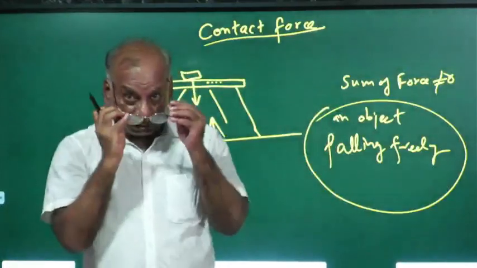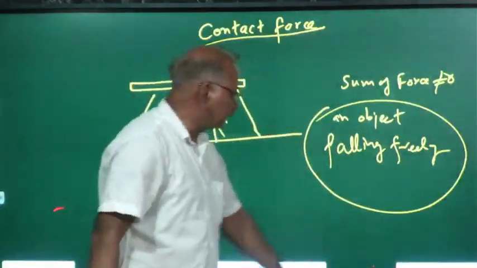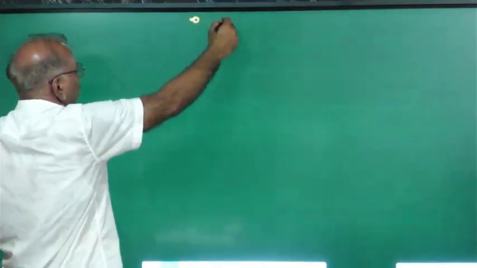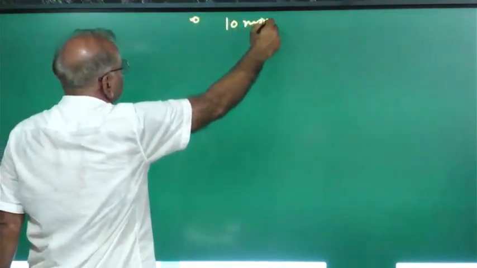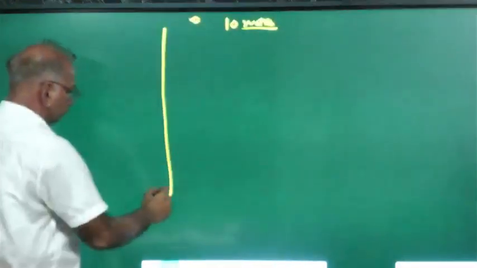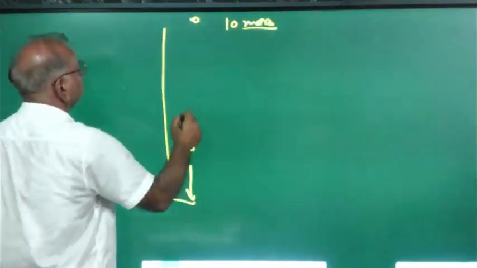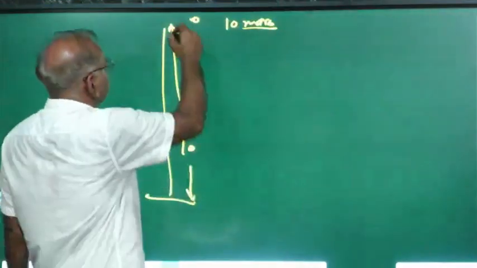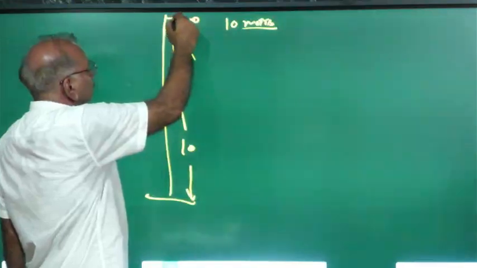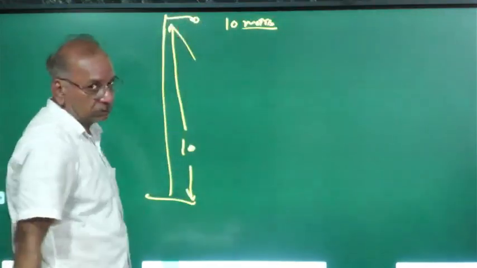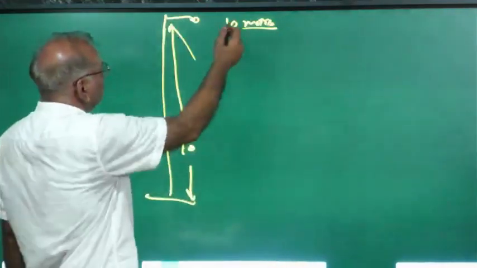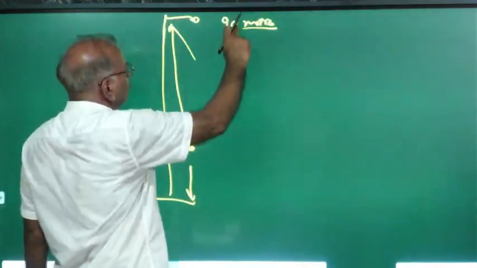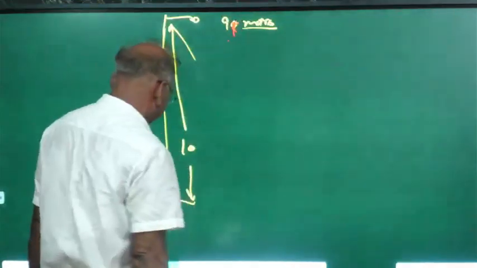Or you can consider a ball. Suppose a ball is attached with a string of length 10 meters. This distance is 10 meters. But here it is attached with a hook through a string whose length may not be 10 meters, say 9 meters.